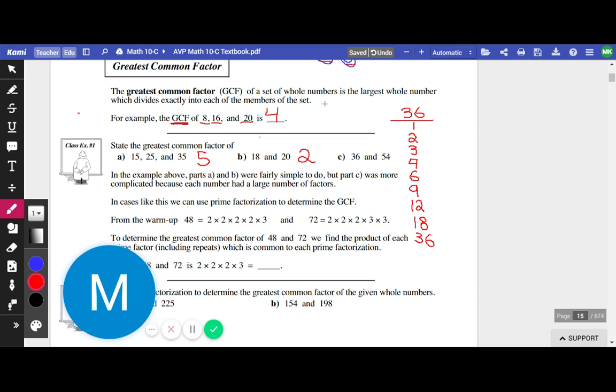In red there, that's all the things that divide into 36. You can do the same thing for 54.